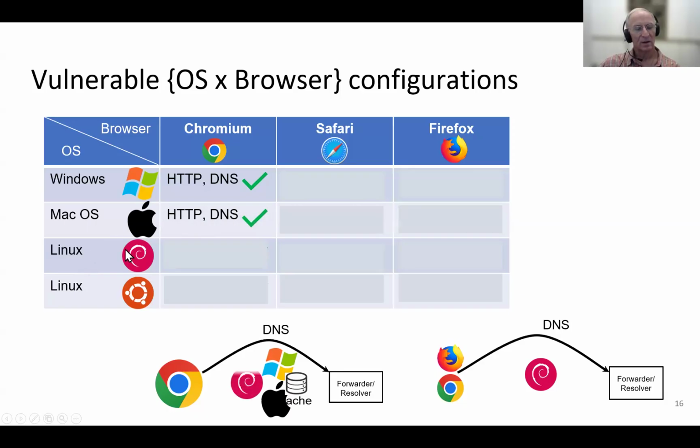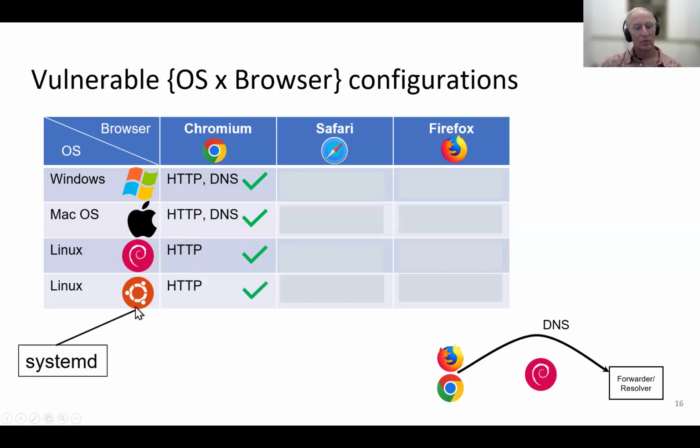Same thing on macOS. Linux, Debian doesn't have a cache, so the operating system cache does not stop us, and we can use here only the HTTP because port 0 doesn't work on Linux. Ubuntu does use a cache, but this cache is small enough, and actually this is the cache that we attack this time instead of the folder cache.